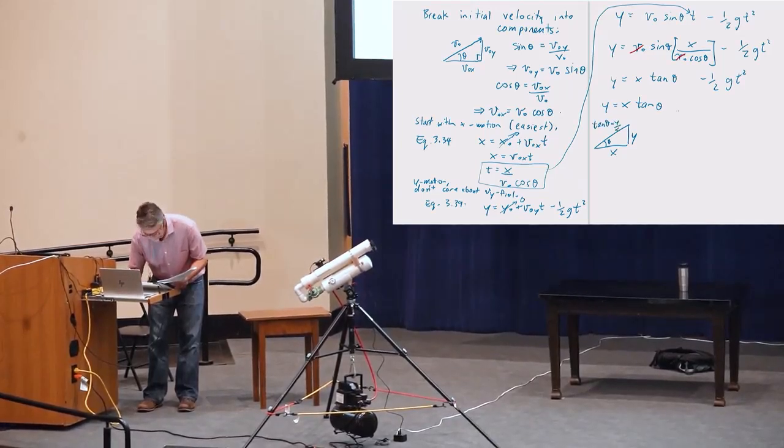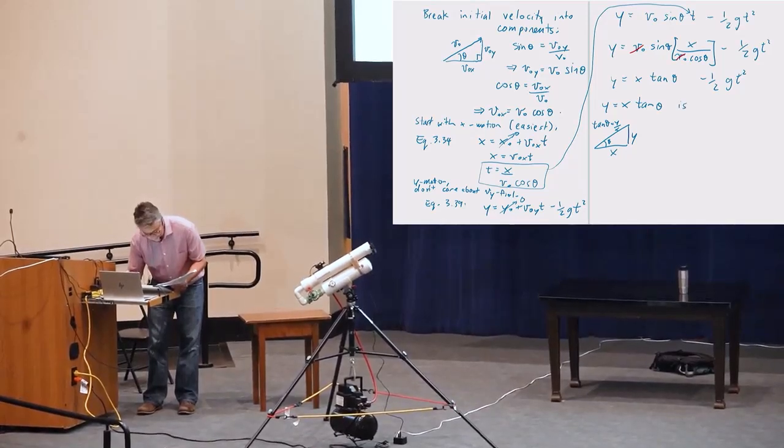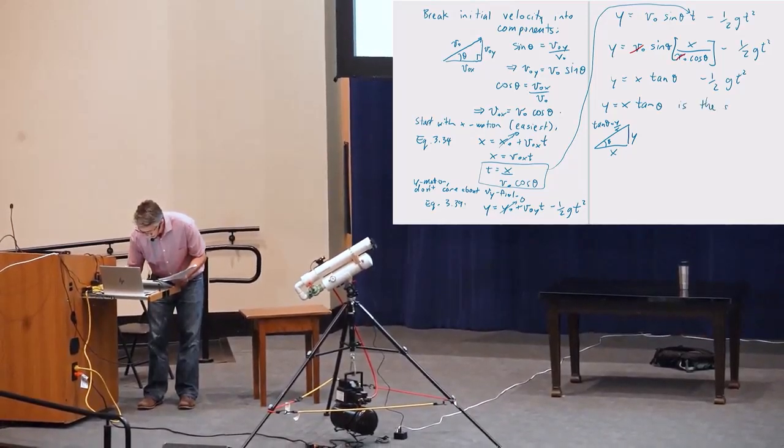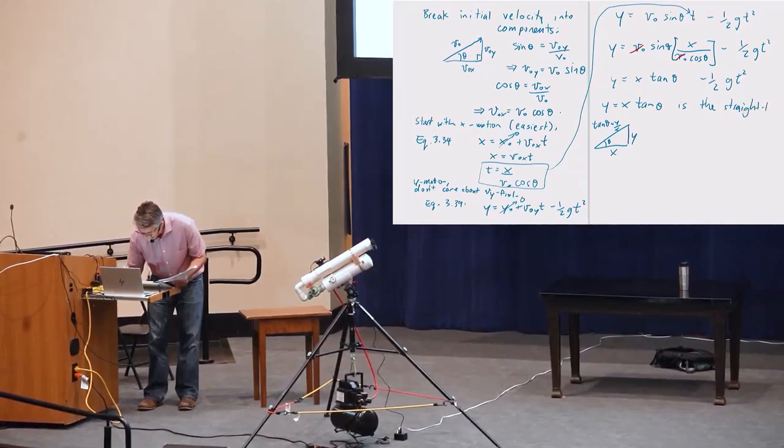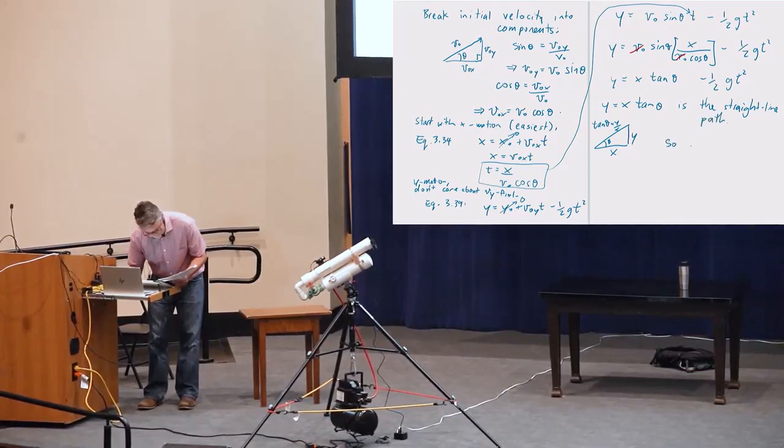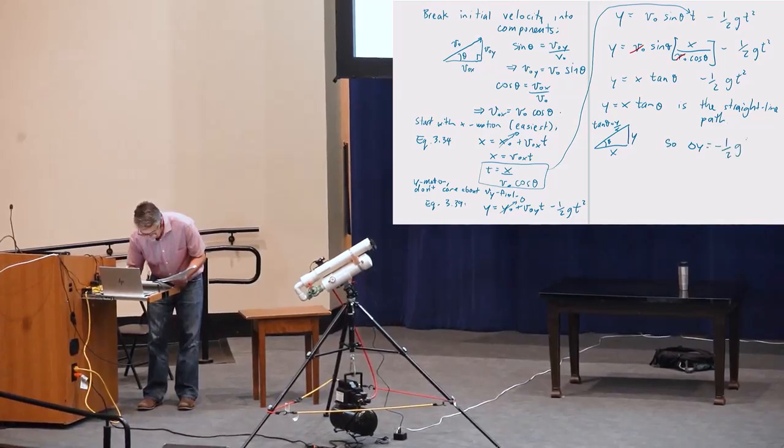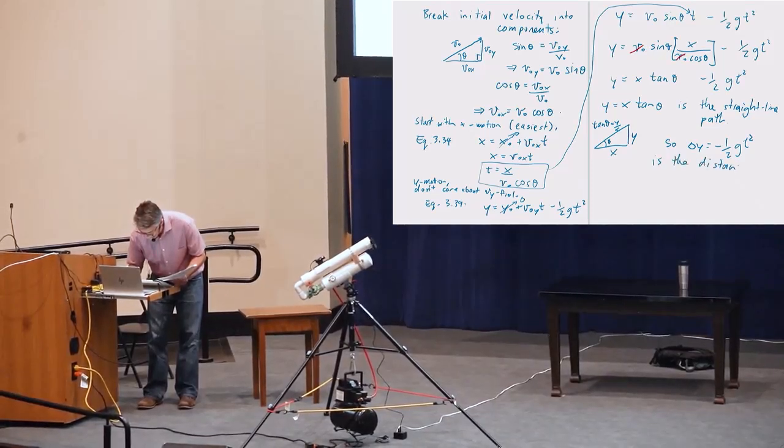Basically, this is the straight line path. It's the path of the laser beam, actually. So this, I guess, delta y, negative 1/2 gt squared, is the distance that the tennis ball falls below the straight line path.